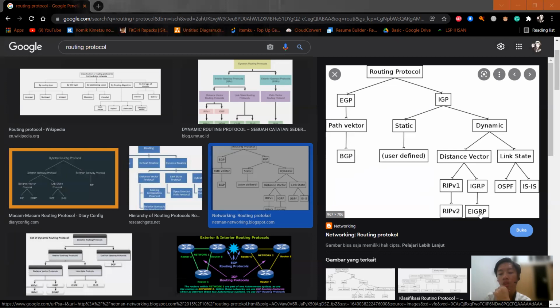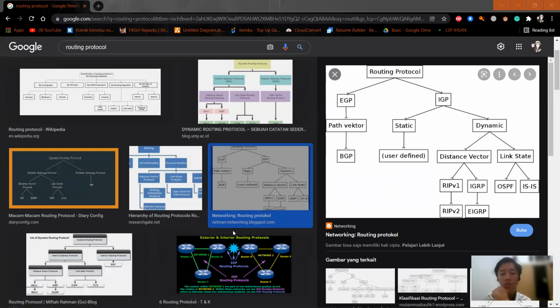The most used is EIGRP or OSPF. RIP and IS-IS are nearly useless.